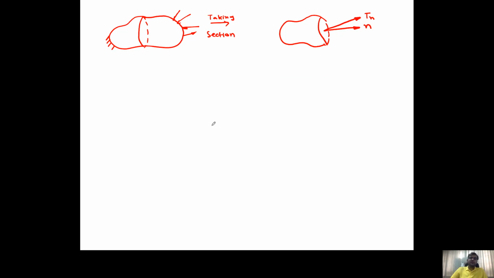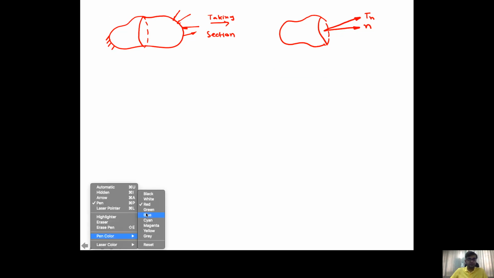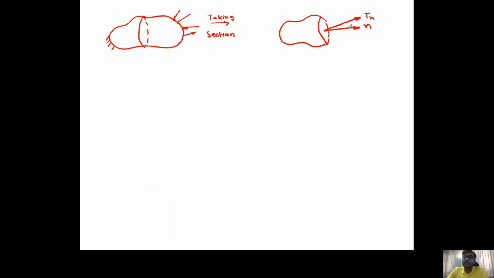Let me change the color actually. Let me go to something like green. So then this is the sigma n, which will act in this direction. We can also call it sigma nn actually. And this is the tau n. So this is what we will get. Now, what is sigma n?